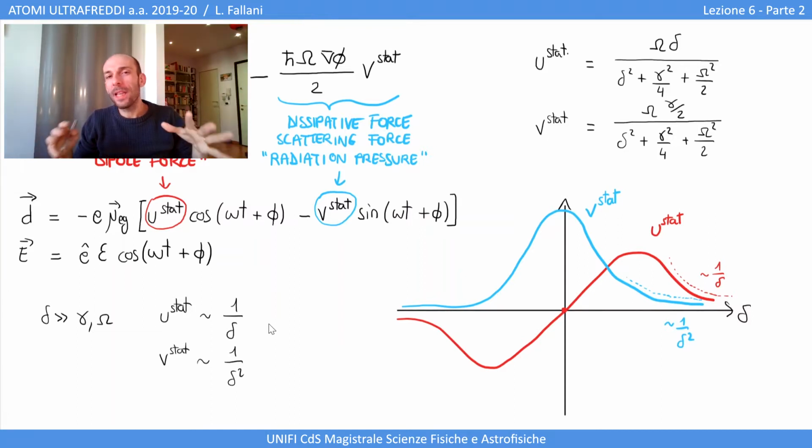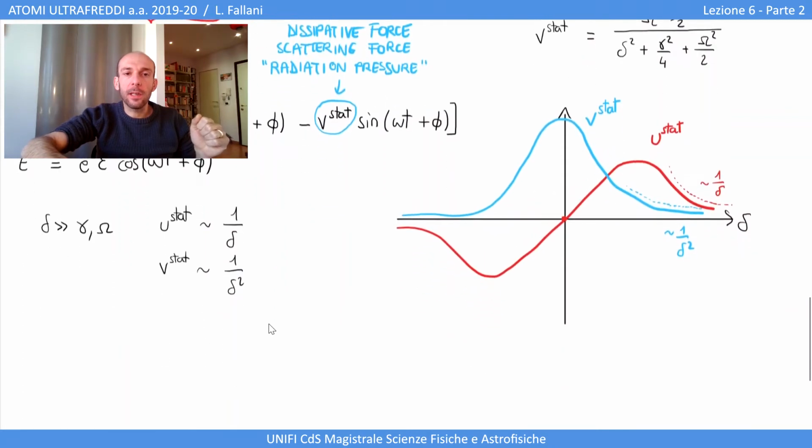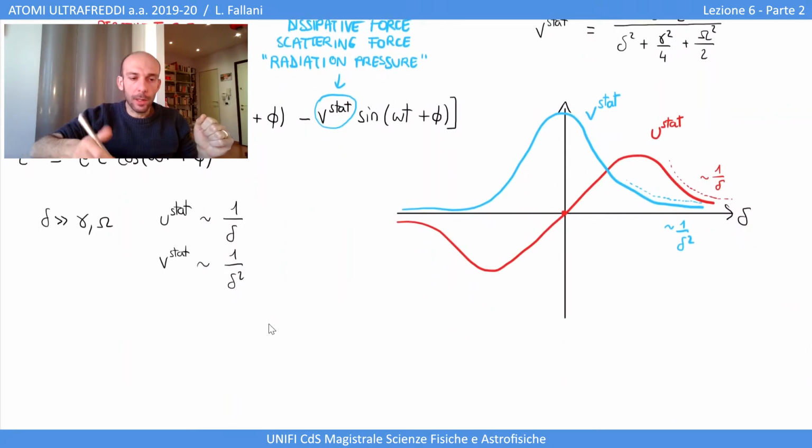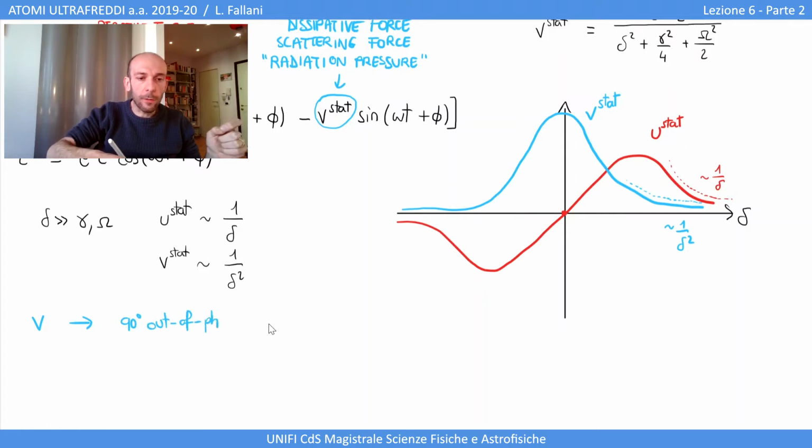Let me say that these two components are associated with two different properties, two different characters of atom-light interaction. Specifically, you can see here that the v component of the electric dipole, that is 90 degrees out of phase with respect to the electric field, has a dependence on the detuning that is the characteristic dependence of an absorption process.